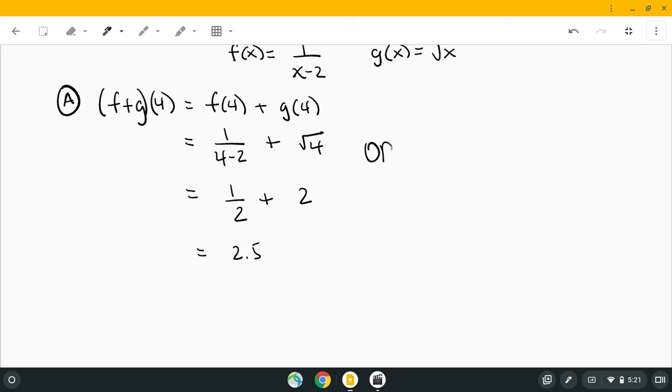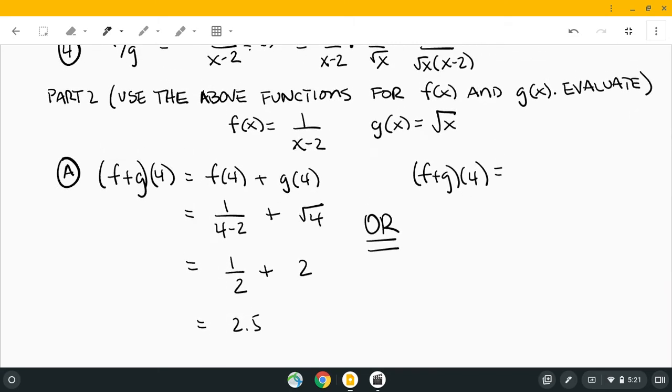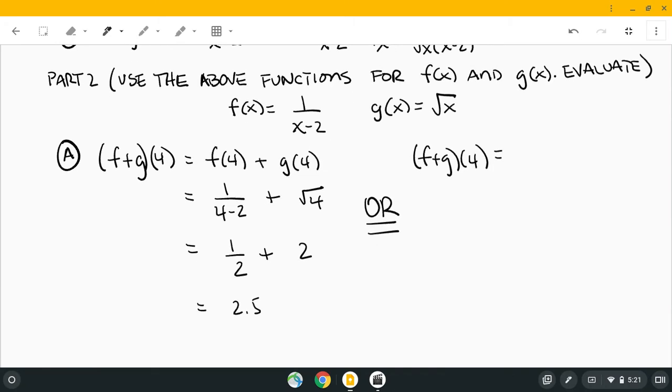Or I can do F plus G of 4, where I first do the adding of the functions, and then evaluate.